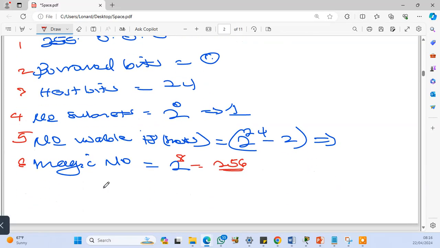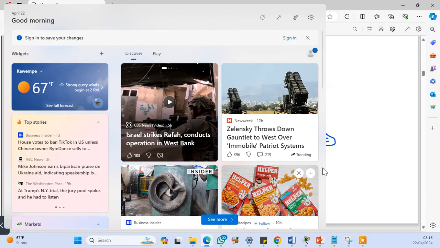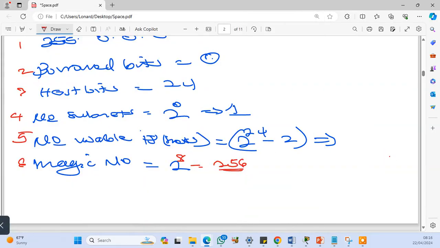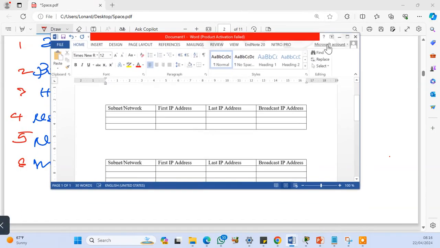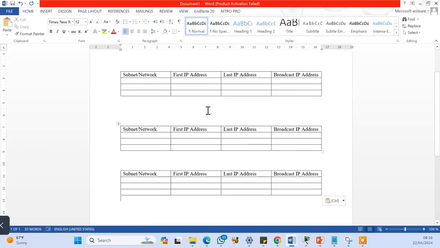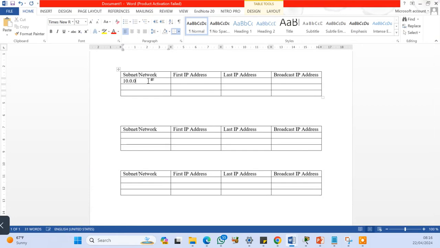So from here we can actually populate our table. Here we have our table. The network address is 10.0.0.0. This is /8, which is equivalent to 255 in the subnet mask.